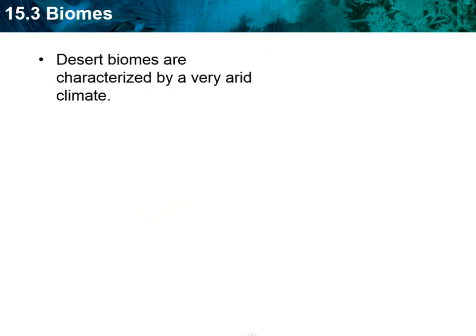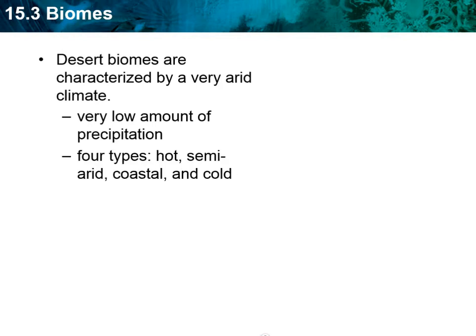Desert biomes are characterized by being a very arid climate, so that means very dry, with a very low amount of precipitation. There's 4 types of deserts. You've got hot deserts, semi-arid deserts, coastal deserts, and cold deserts.